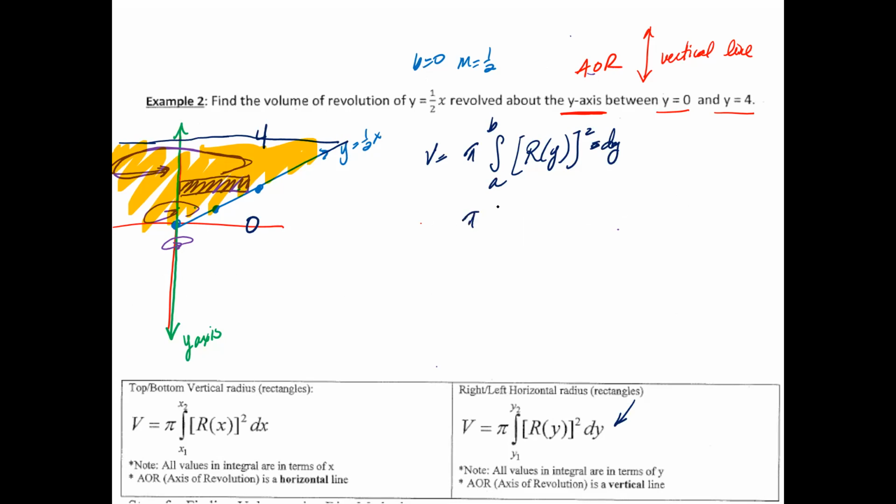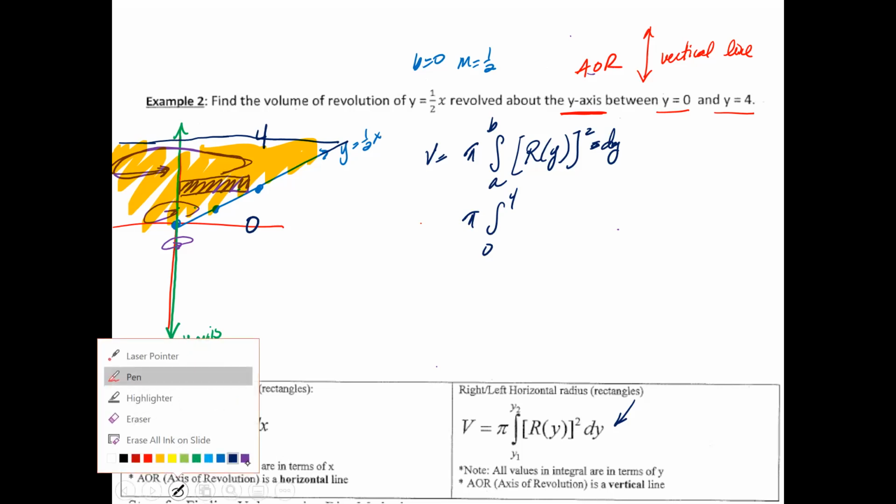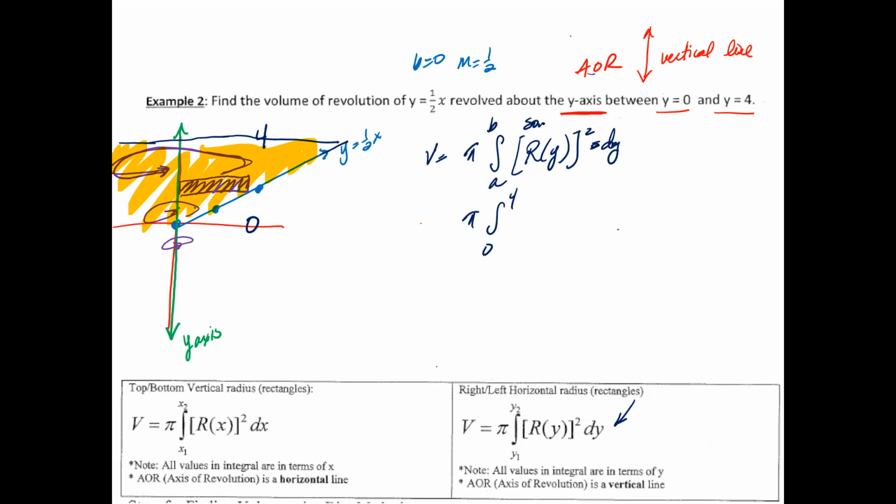All right, well, let's plug it in. From 0 to 4, r of y is going to be, now you have to do a little bit of work solving for this. Because it's r of y, what it's saying is that it wants you to solve for x in terms of y.